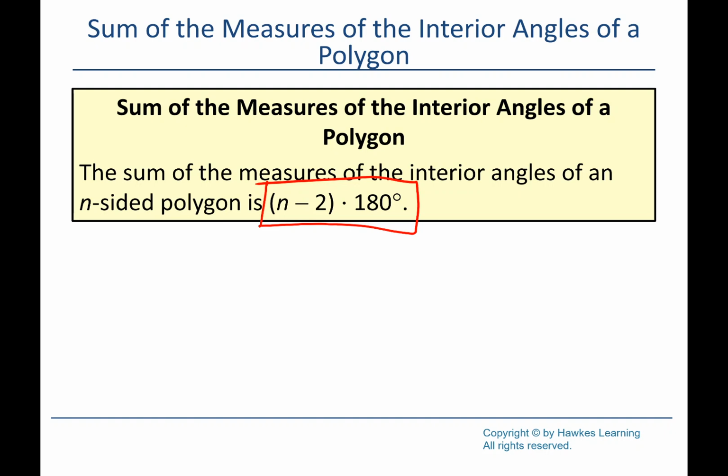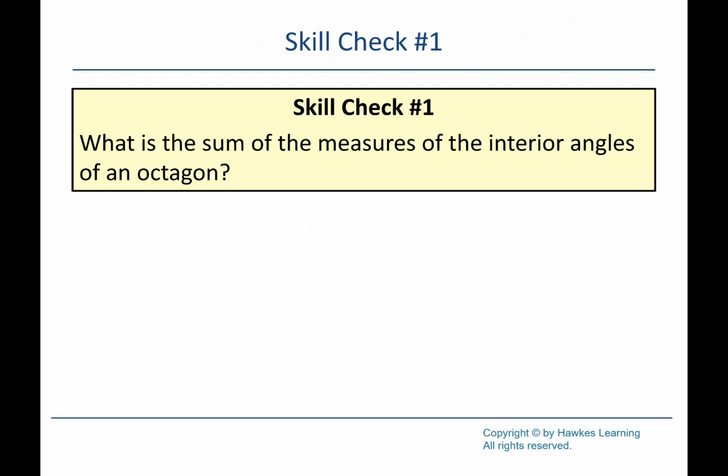So let's look at one. Then once you have the formula, these are easy. This one was not on our little table. It says, what's the sum of the measures of the interior angles of an octagon? Octagon, how many sides is that going to be? 8, yeah, so that's 8-sided.